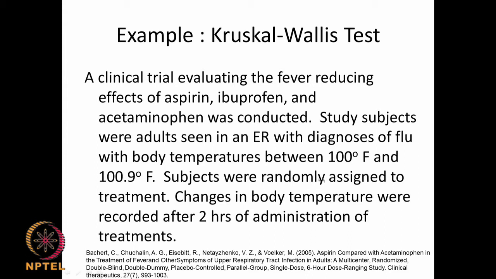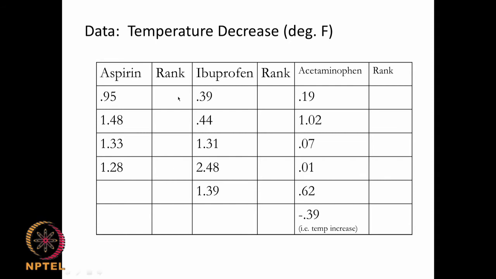The subjects were randomly given either aspirin, ibuprofen or acetaminophen, and after 2 hours their body temperature was recorded again, and then it is listed. So it is a very random set of data. The temperature decrease is shown here, though of course in this particular case there is a temperature increase. For aspirin we had 4 candidates, they had a temperature decrease of these numbers.